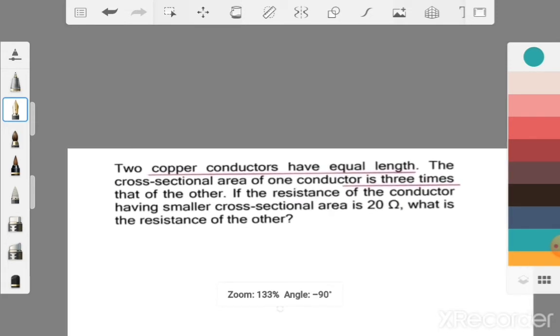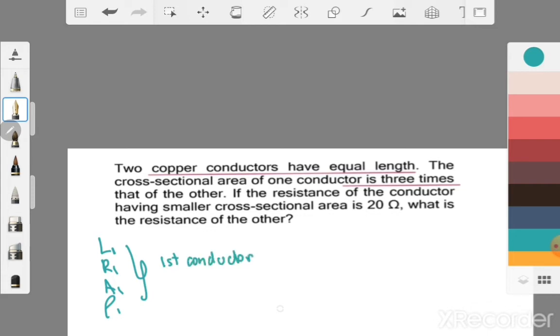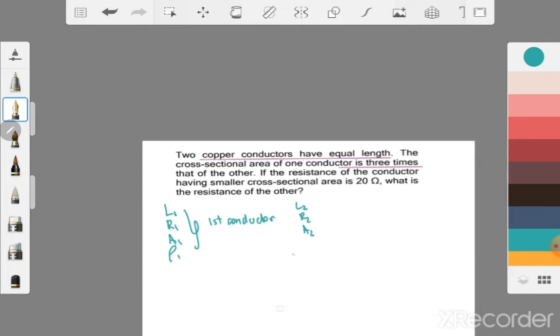So let's denote that you have your R1, you have your L1 for copper 1, A1 for copper 1, and rho 1 for copper 1. This is for your first conductor. Next is your L2, R2, A2, rho 2, which is for your second conductor.